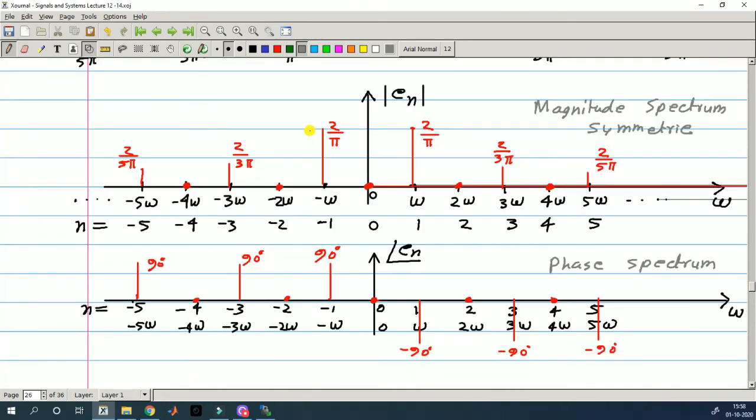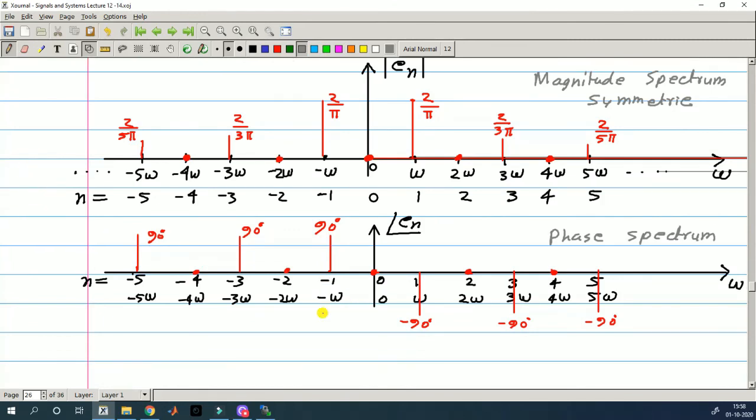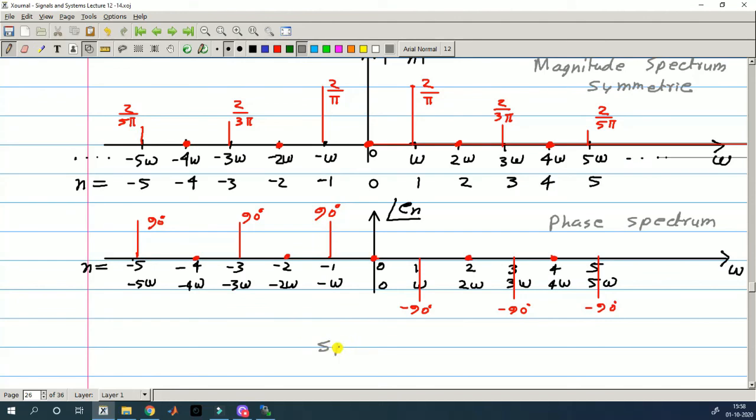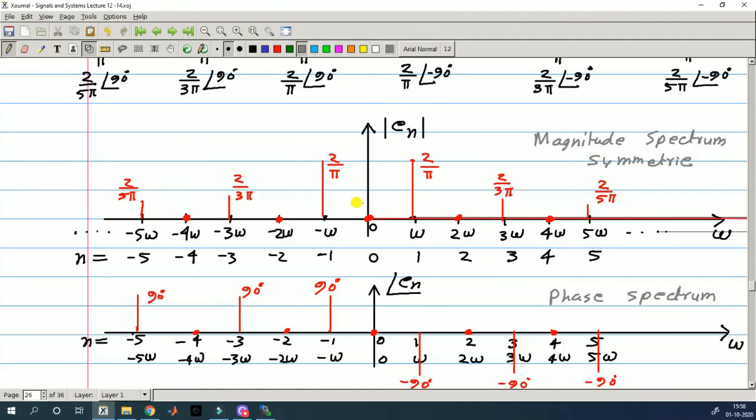Now, these two graphs together are called the spectrum of the signal. They together give us an idea about what the different frequency components present in a signal are and what their relative amounts are, etc.